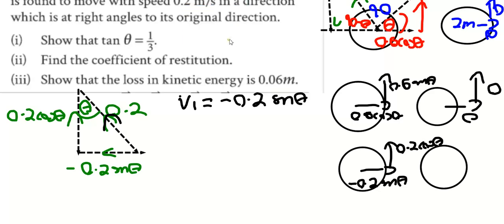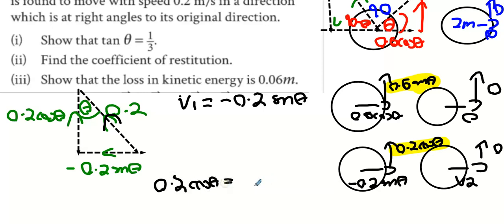Now here's the interesting thing. What can I say about those two yellow parts? Why can I say they're the same? The j value doesn't change. So straight away, 0.2 cos theta equals 0.6 sine theta.